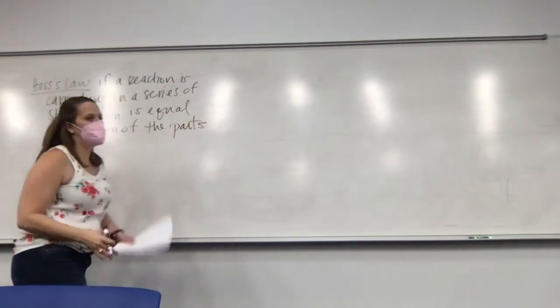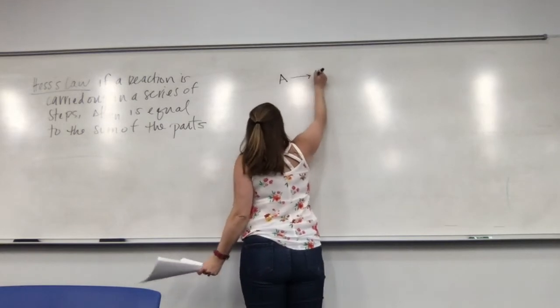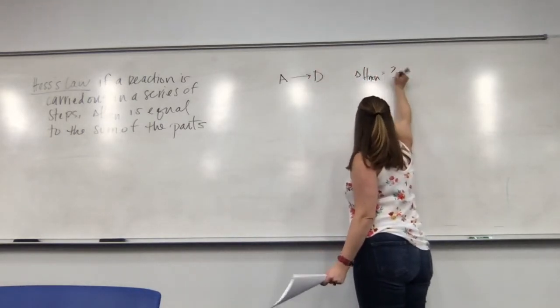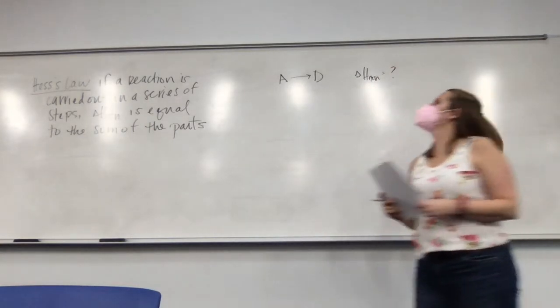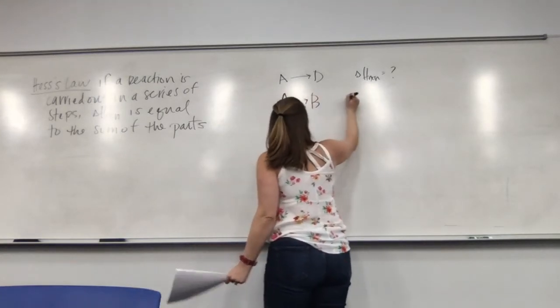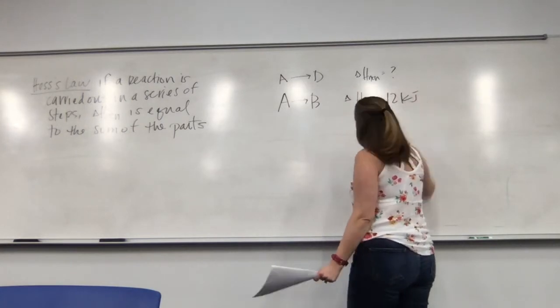So basically, if we want to know if A goes to D, delta H reaction equals question mark. So we don't know that. But what we do know is that A goes to B, delta H equals plus 12 kilojoules.